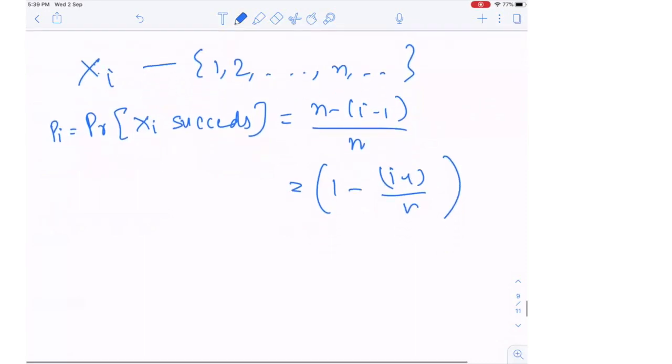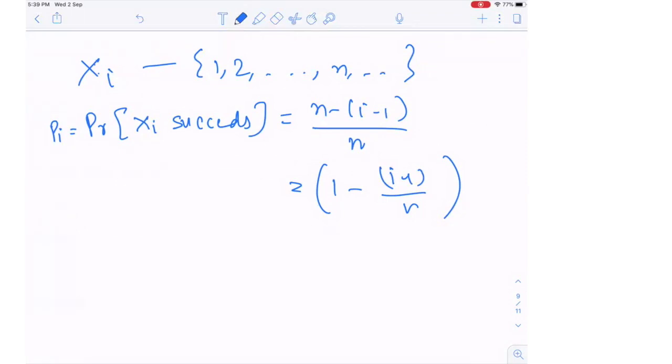So this is the success probability. What is the failure probability? It is 1 minus this. Okay, so xi means I'm going to see an ith coupon, right?